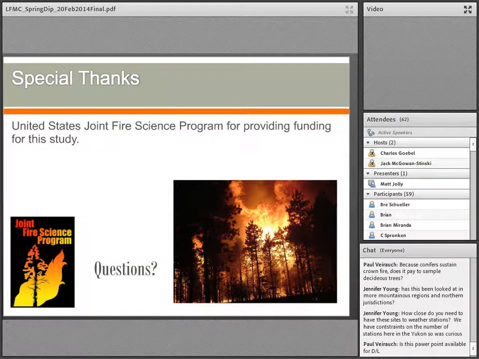Well, I think that's one of the things that we're going to do here this spring, actually. We have an area on the Beaverhead-Deerlodge that is a regen from a 2000 fire, and we're going to do prescribed burning in that to see if this actually happens during that time period.